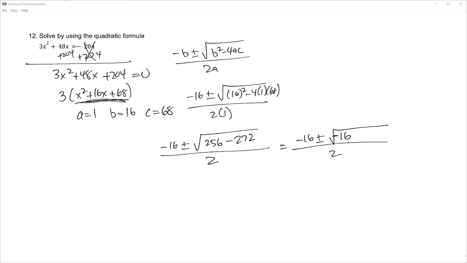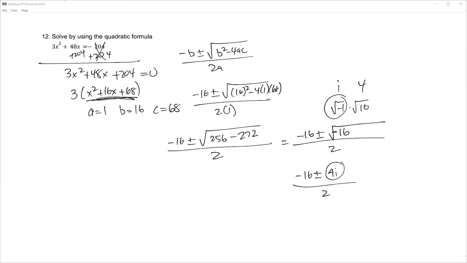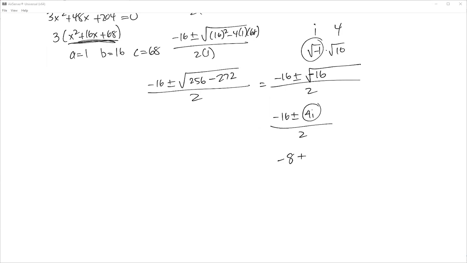When we have a negative inside the square root, we're going to have imaginary numbers, so it'll be negative 16 plus or minus 4i, right? Because this is negative 1 times radical 16. The square root of negative 1 equals i, and the square root of 16 equals 4. That's how I get the 4i, all over 2. Final answer is negative 8 plus or minus 2i. That's all you can do.